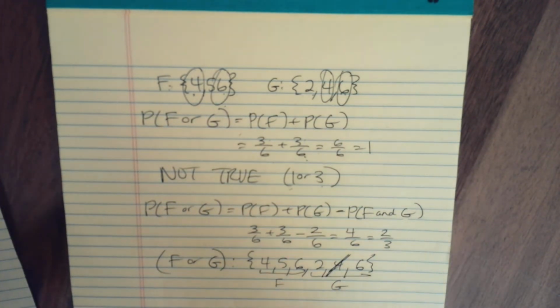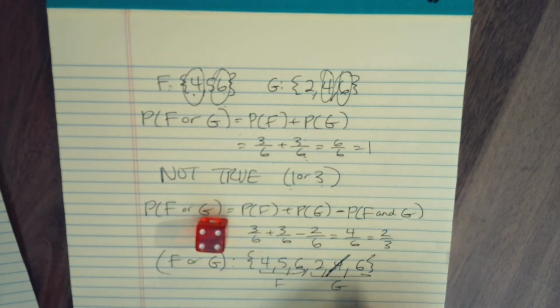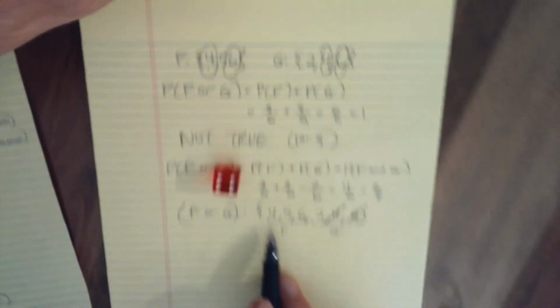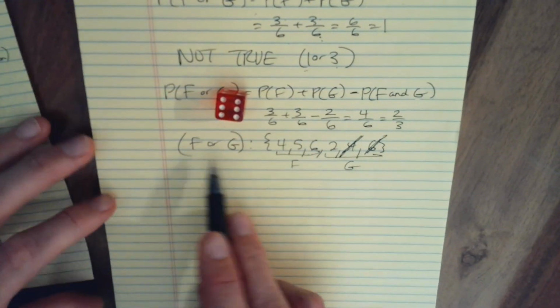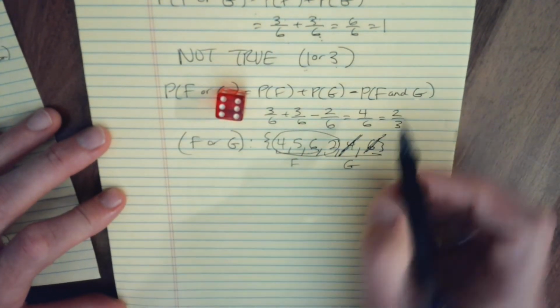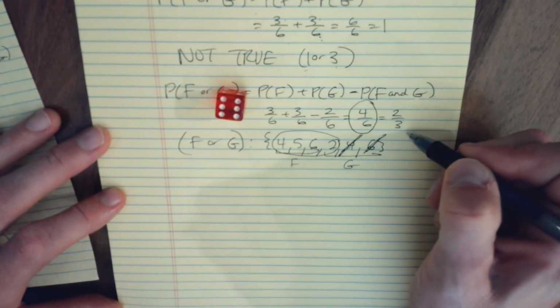When you roll a die, a 4 is a 4, and there aren't 2 different 6s. There's just 1 6 on a die. So really, when I want to create the set F or G, it just has 4 things, 4 of the possibilities out of the 6. So that makes sense that we're getting an answer 4/6 that reduces down to 2/3.